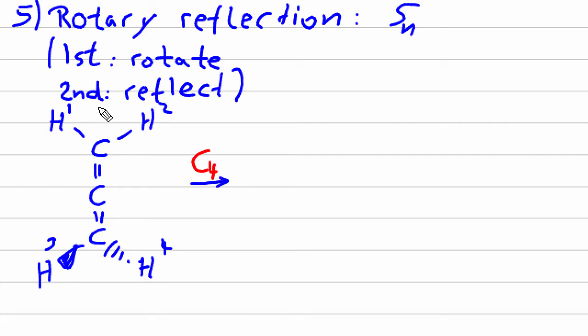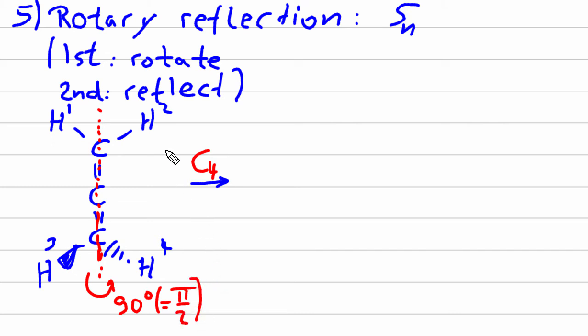Now let's find our rotation axis first. We already put the molecule in the right orientation so that the highest rotation axis is pointing in vertical direction, and now we rotate the molecule by 90 degrees, which is pi over 2.